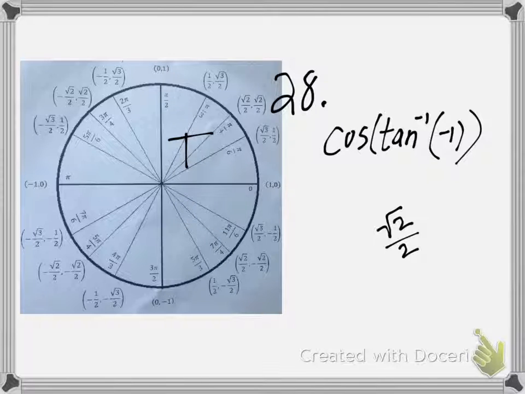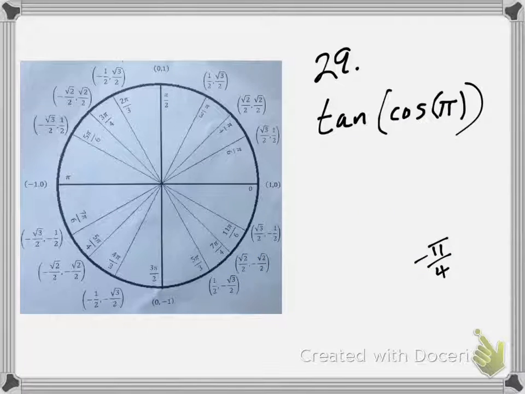So we see that we are in quadrant 4, and we're actually down here because this is our value. If you divide these two, the y divided by the x, you end up with a -1. So we certainly do see that that is at 7 pi fourths, but it's not asking for the angle measure. It is actually asking for the cosine value, which is in fact the square root of 2 over 2.